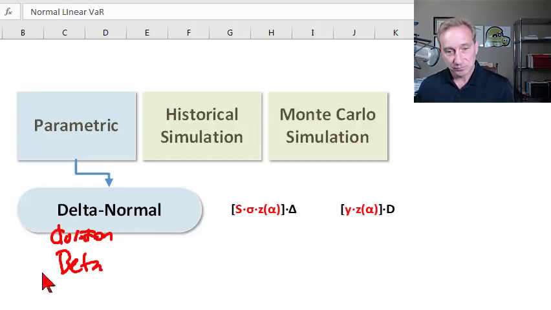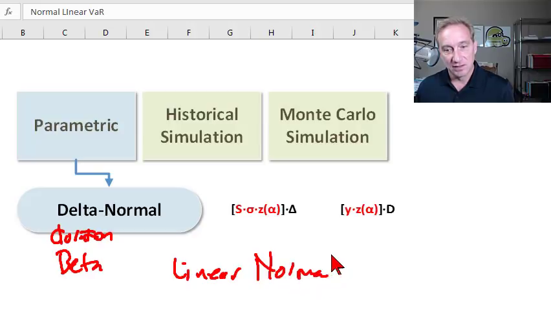So here the sensitivity measure is the meaning of delta, and then the normal is what we're assuming is the distribution of the risk factor. Sensitivity, and then assumption about the risk factor. And then you could see why Linda Allen would prefer to call this the linear normal, because we have just a single factor sensitivity that gives rise to this linear approximation. And in the same way, we're assuming that the risk factor is normally distributed.